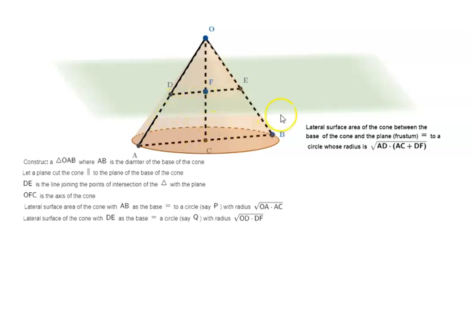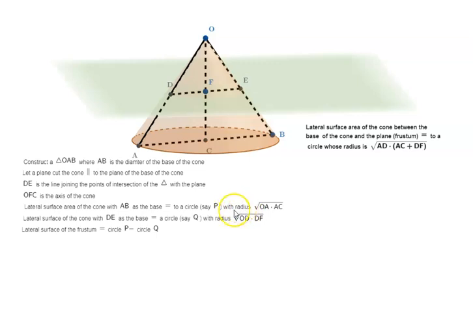So which means the surface area between the plane and the base of the cone will be equal to the circle P minus circle Q. Because remember, circle P is the lateral surface area of the entire cone. And circle Q is equal to the lateral surface area of the top part of the cone. So if we subtract it, we will get the surface area of the frustum.